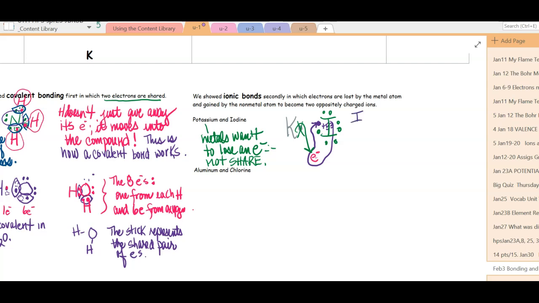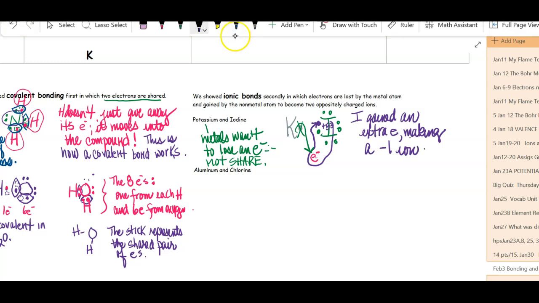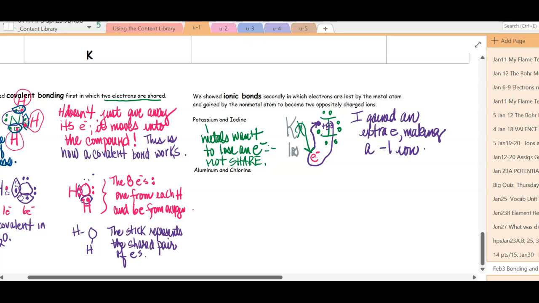So iodine gained an extra electron, making it a -1 ion, whereas potassium lost an electron, making it a +1 ion.